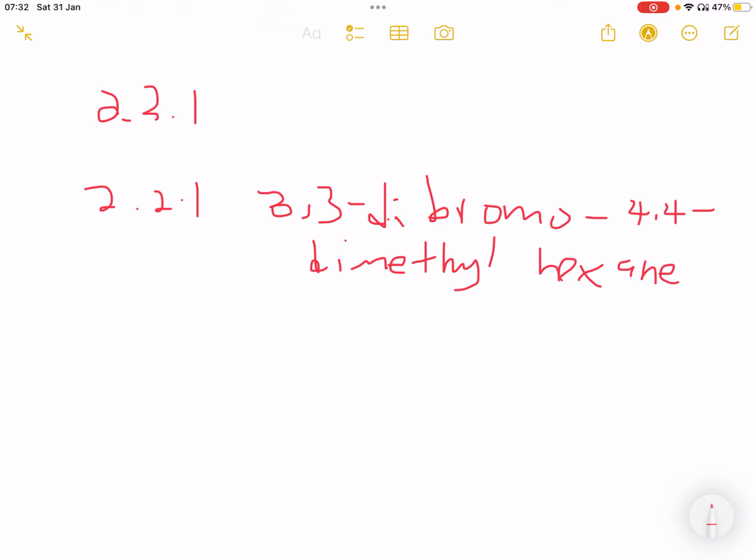And remember here we go in alphabetic order because halogens don't take higher priority. Right, 2.2.2.